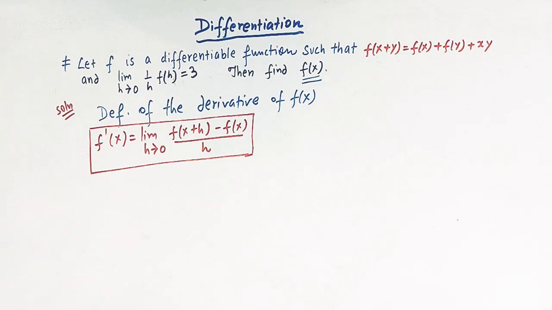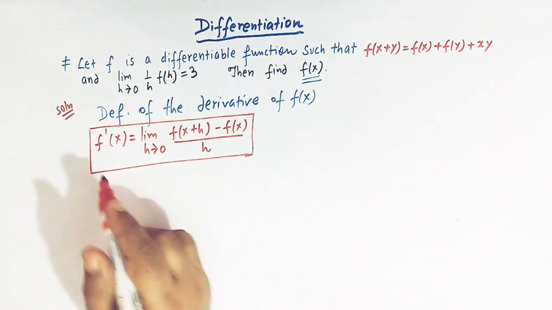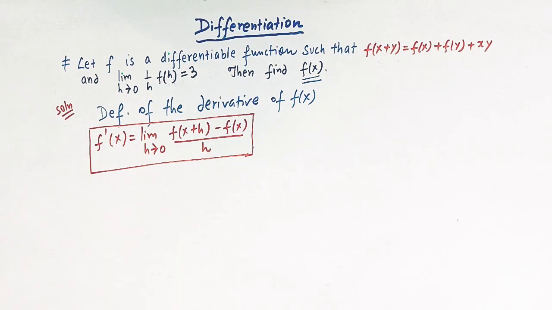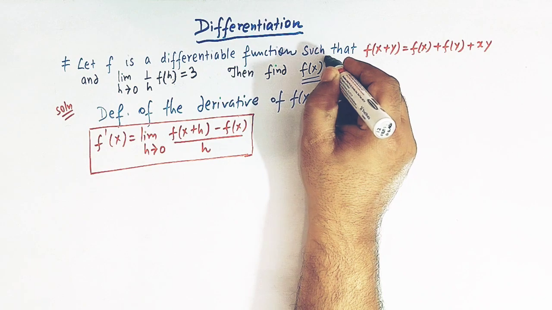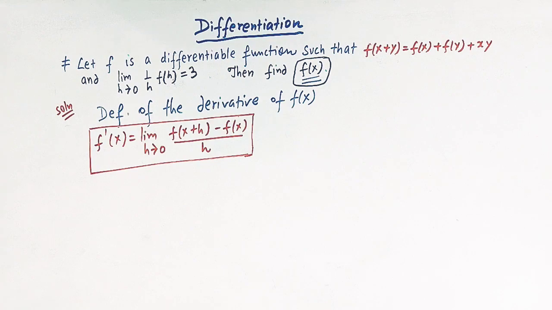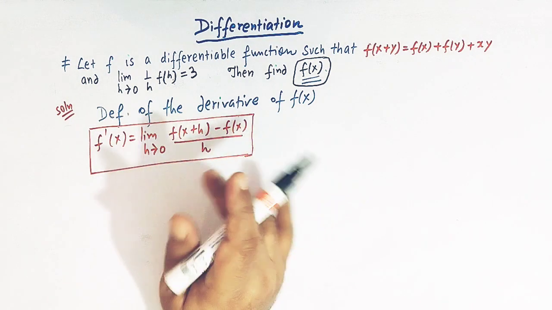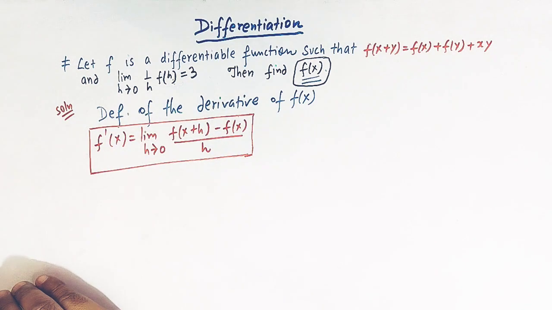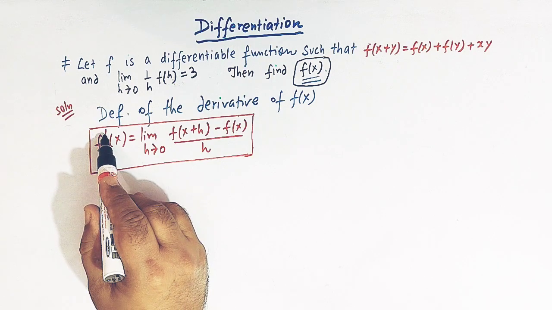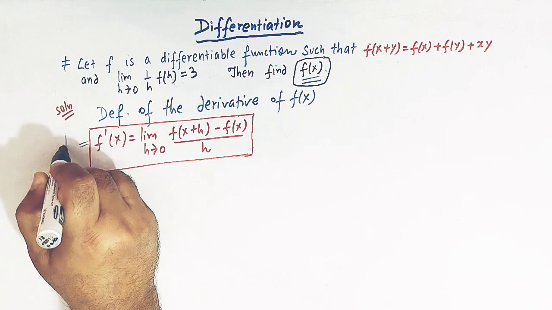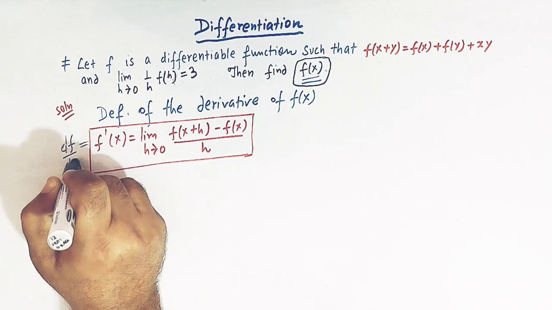Now we have to find the form of the function f of x, so we will try to integrate this equation on both sides, because we have the derivative f prime of x, which can also be written as df over dx.